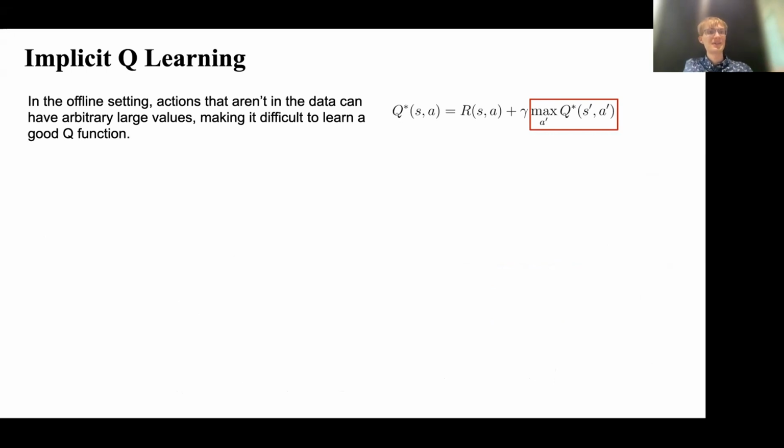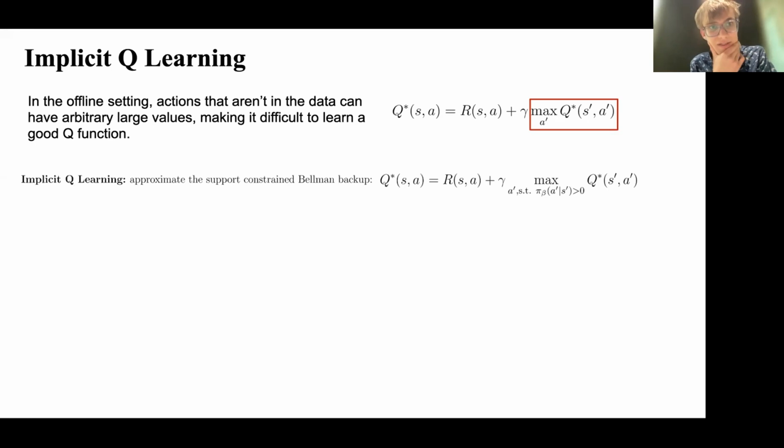Online RL could just go out and try it and then update, but offline RL, we have no idea. So we're going to have really bad value estimates if we try to do DQN on an offline RL data set, unless the data set has huge coverage or something.